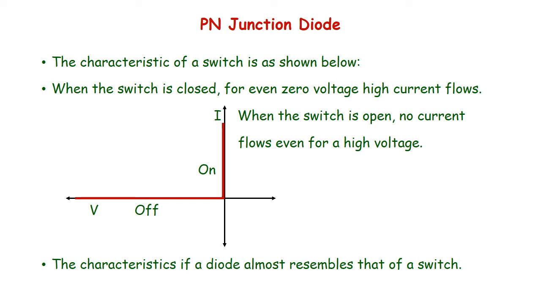And when it is reverse biased, it should act like an open switch and current should not flow even when a very high voltage is applied. But then this is the ideal case. So if it were an ideal case, then you could perfectly use it as a switch. But then an actual diode or diode in real life does not have ideal characteristics.